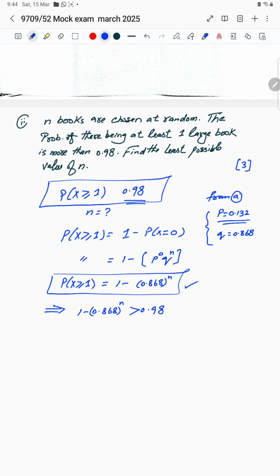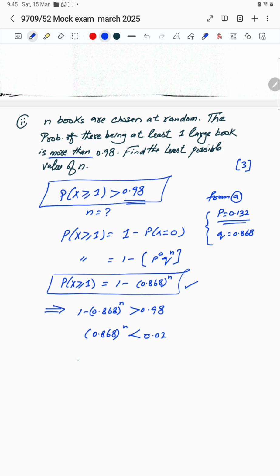Here we are looking for greater, and it's said more than, so I put greater, not equal to. So simplify this, we get 0.868 power n less than 0.02.